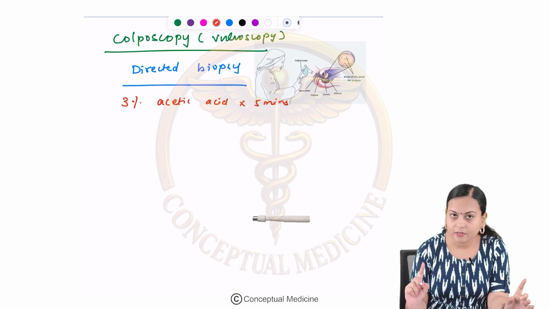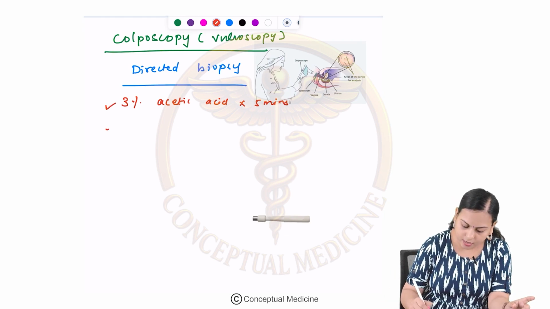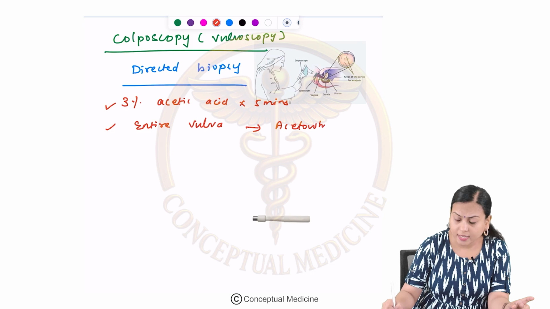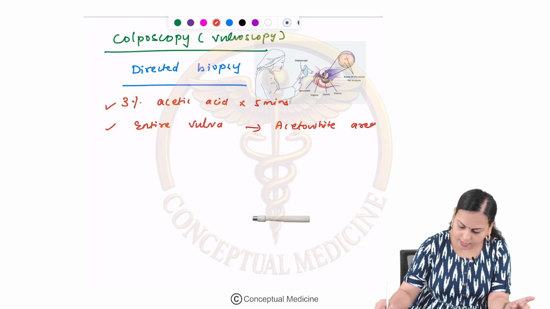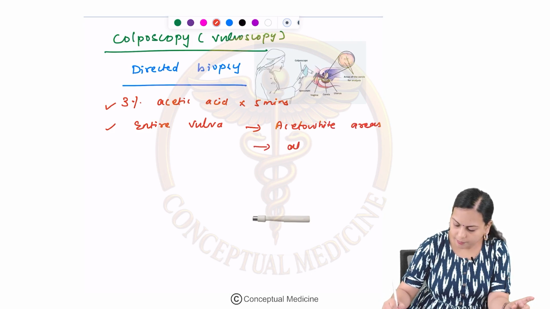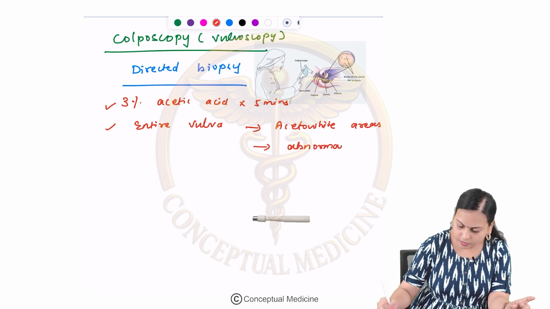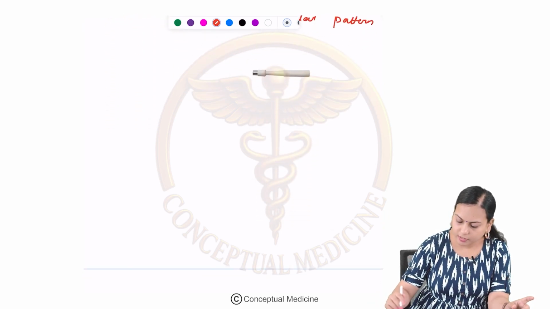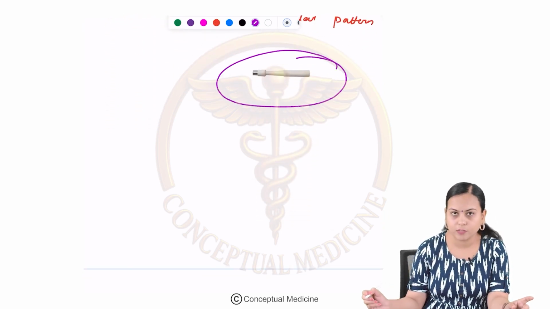Okay. Entire vulva has to be examined, and you will be seeing aceto-white areas as well as abnormal vascular pattern also.